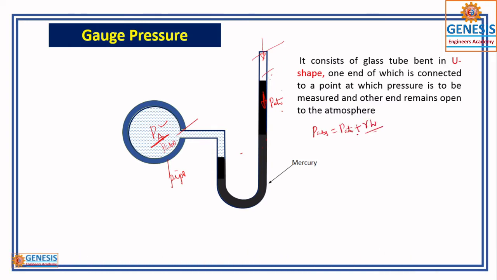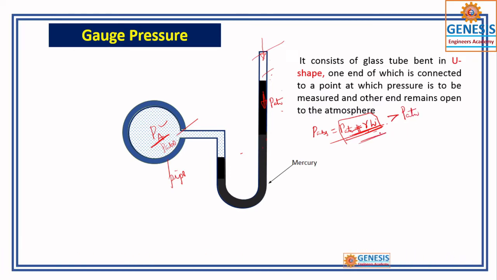Got my point? So this plus means it is more than atmospheric. On the right side we have only atmospheric pressure. So this is more than atmospheric. Got it?